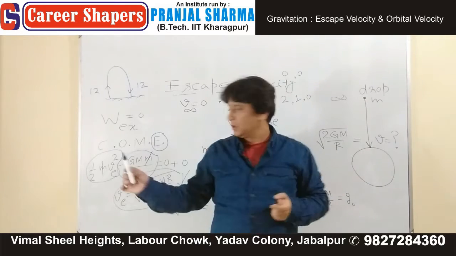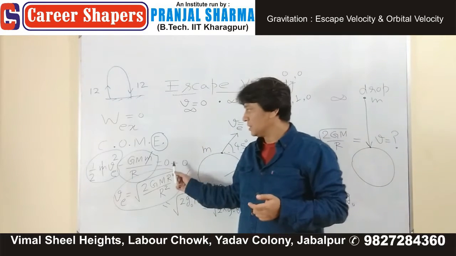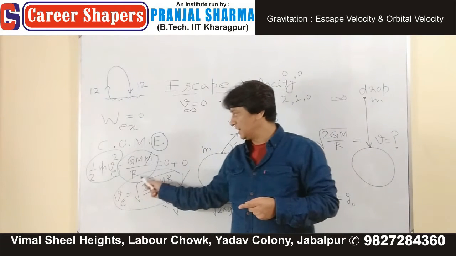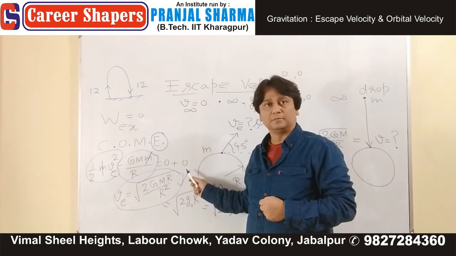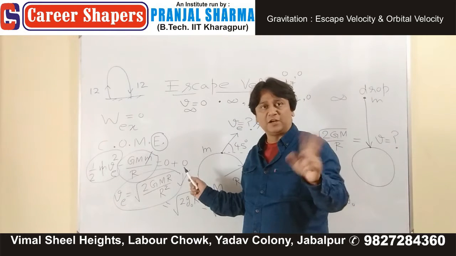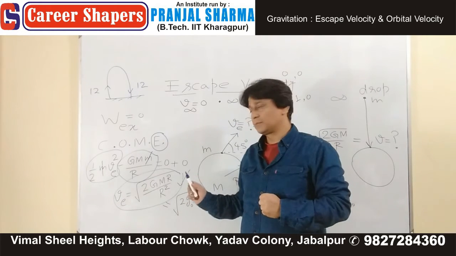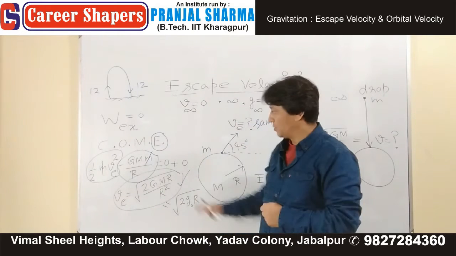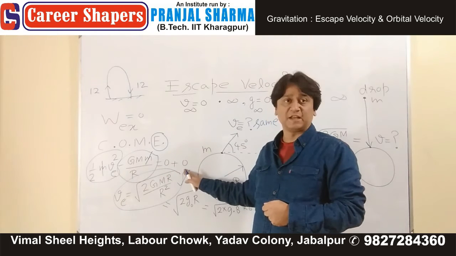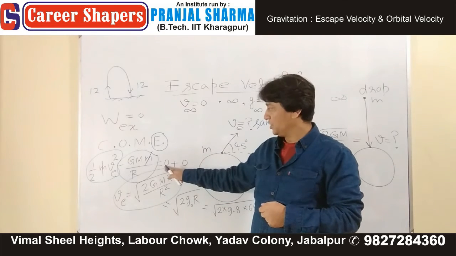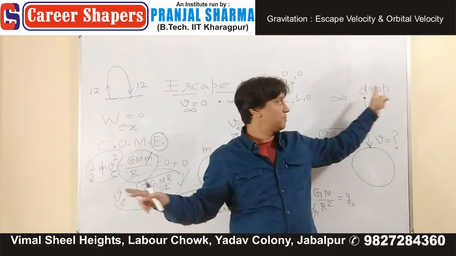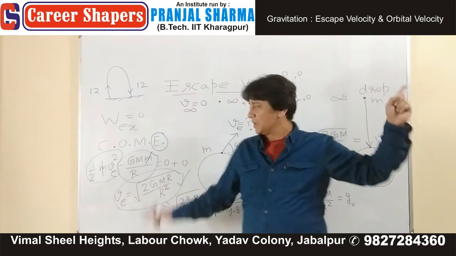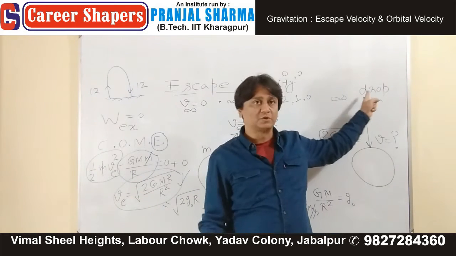Why? Look at this same equation. This was the initial side and this was the final side. But now let's interchange these things. This time we said that this side is the initial one. Initially kinetic energy is 0 at the top, at infinity. Initially potential energy is also 0.